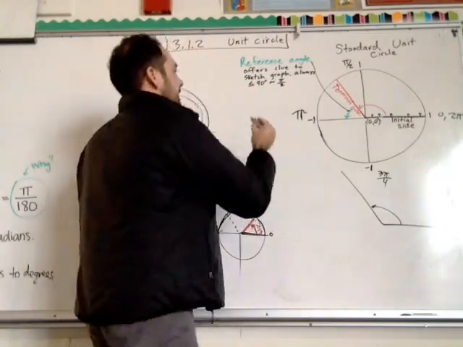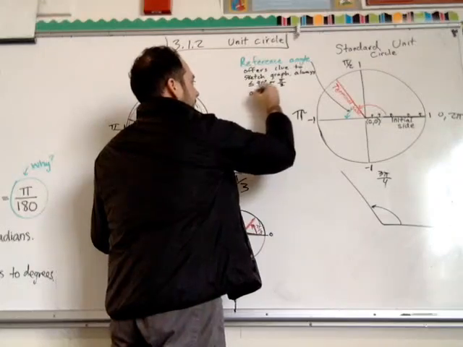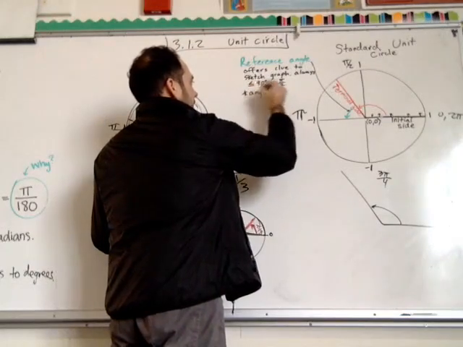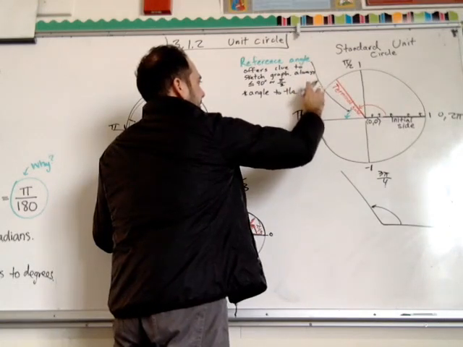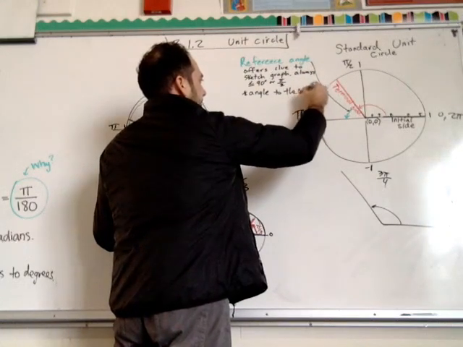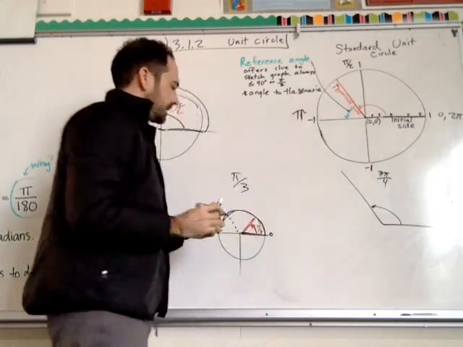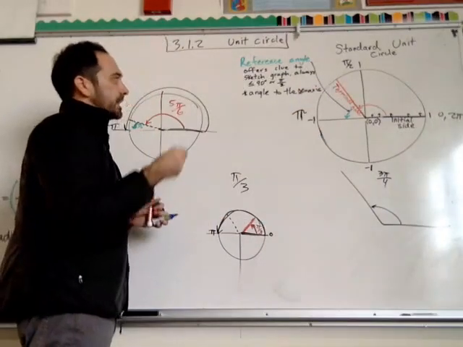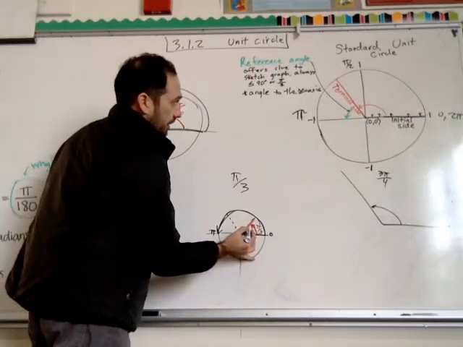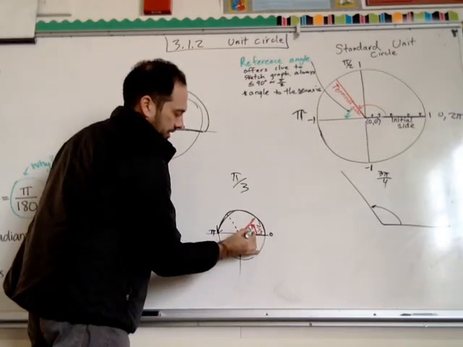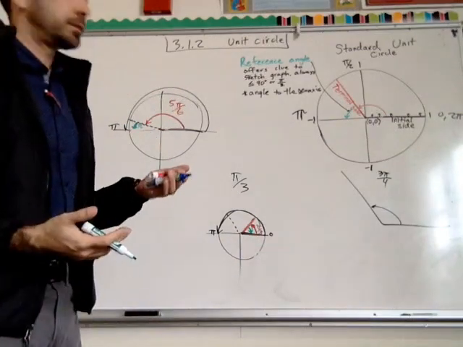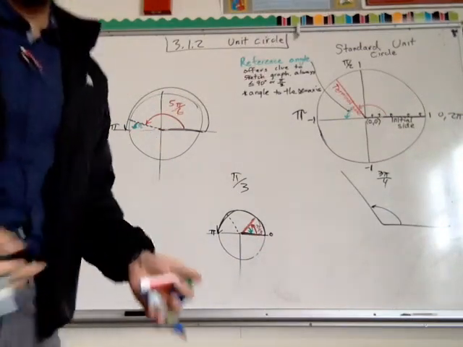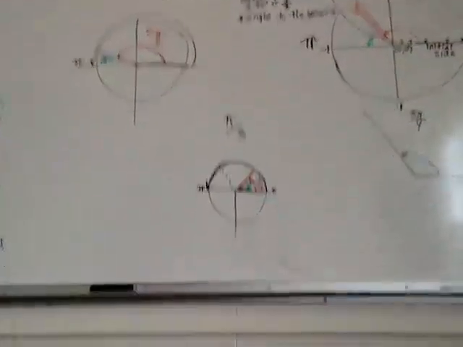And it's always the smallest angle to the x-axis. Here's my reference angle right here, the radian measure of the angle theta.